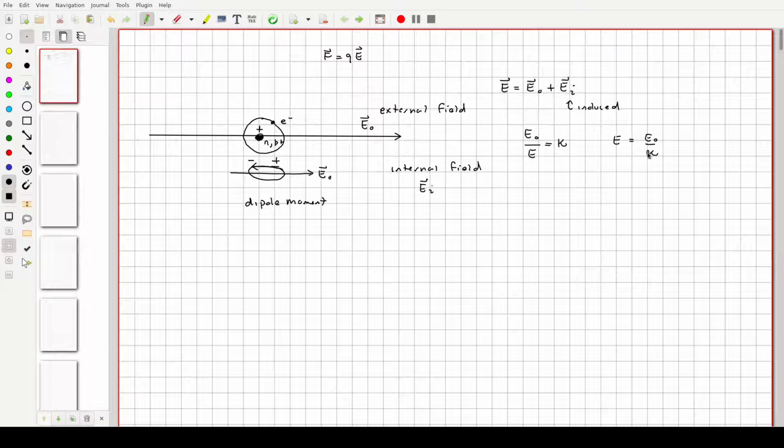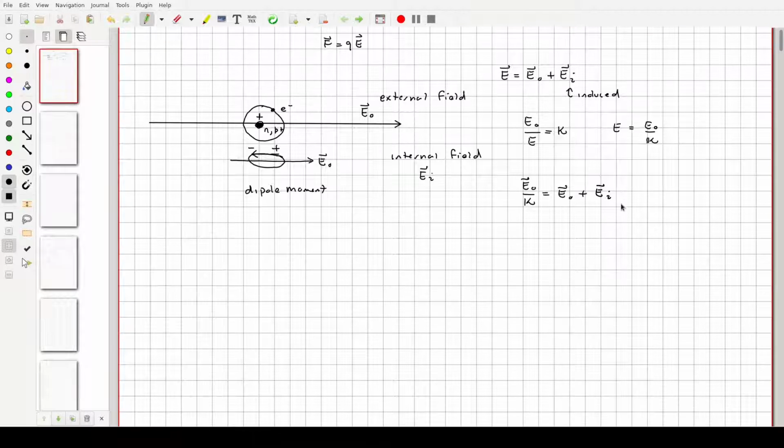Now I'm going to plug that into this equation over here. So that says that E naught over kappa is equal to E naught plus this induced or internal field.